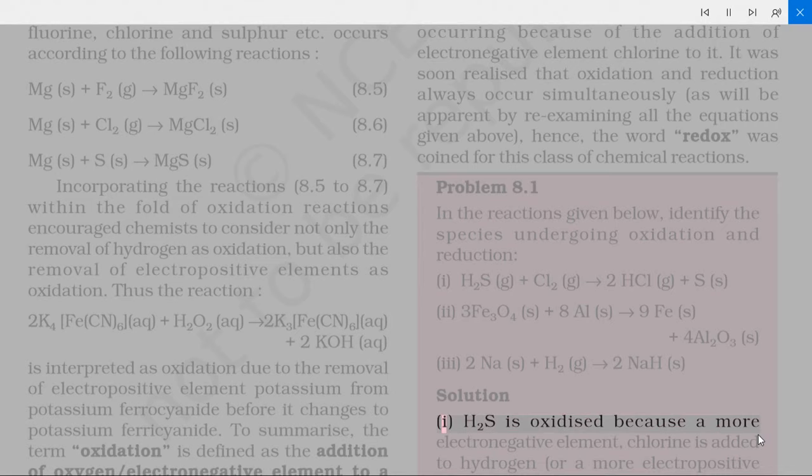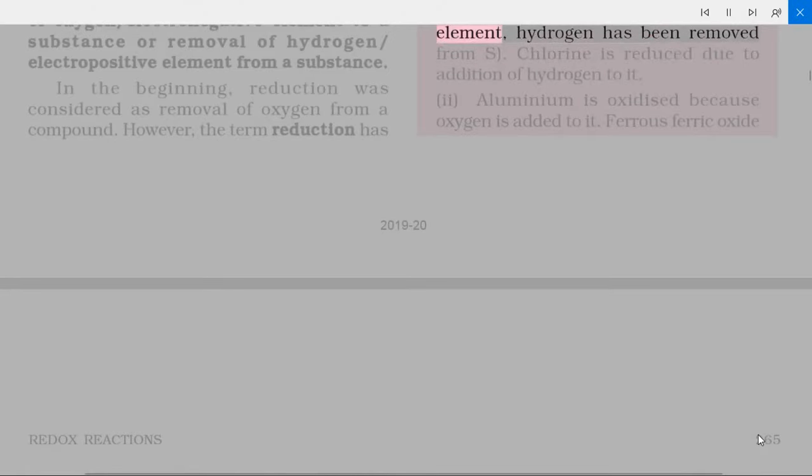Solution: (i) H2S is oxidized because a more electronegative element, chlorine, is added to hydrogen, or a more electropositive element, hydrogen, has been removed from S.